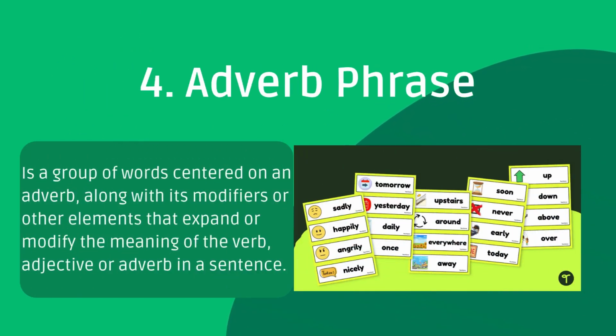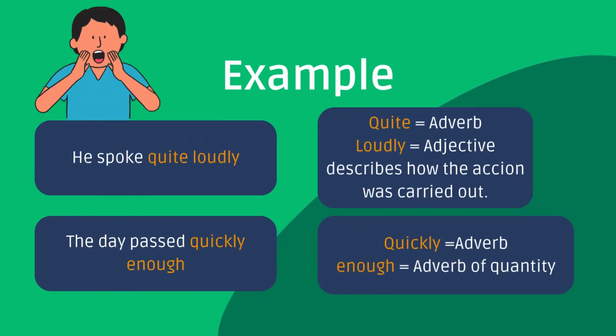The last type that we have is the adverb phrase. The adverb phrase is a group of words centered on an adverb, along with its modifiers or other elements that expand or modify the meaning of the verb, adjective, or adverb in the sentence. For example, we have: he spoke quite loudly.